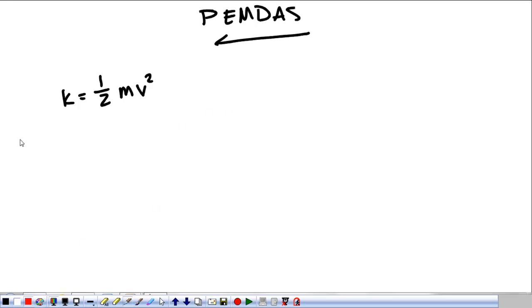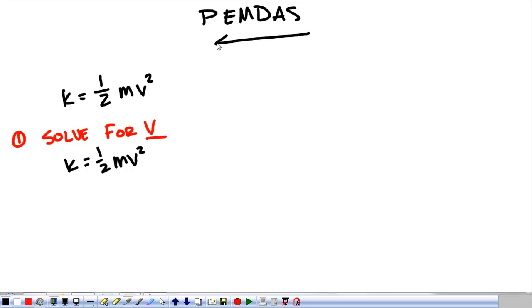The first thing that we're going to do, we're going to solve for V. Okay, now V, let's write this down again. V has an exponent multiplied next to it.